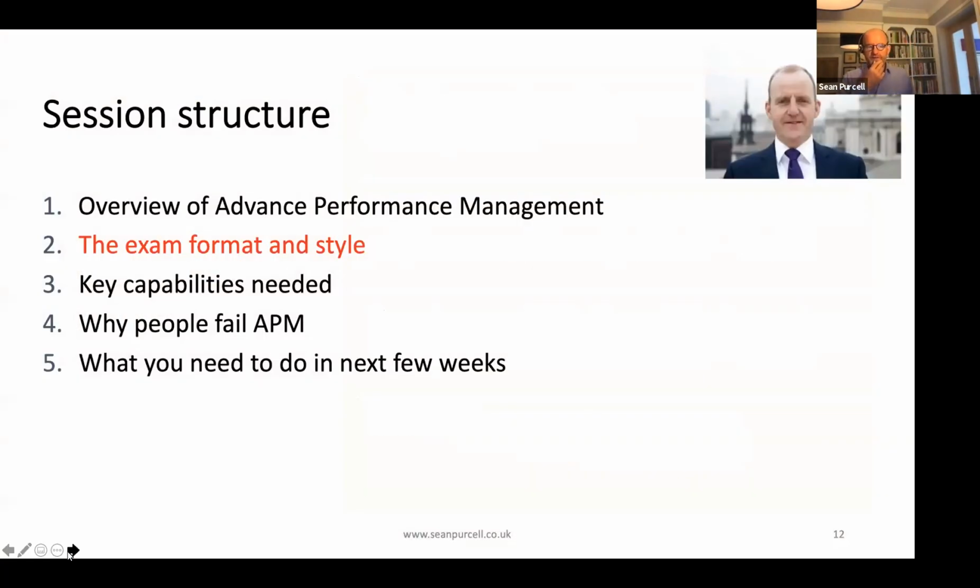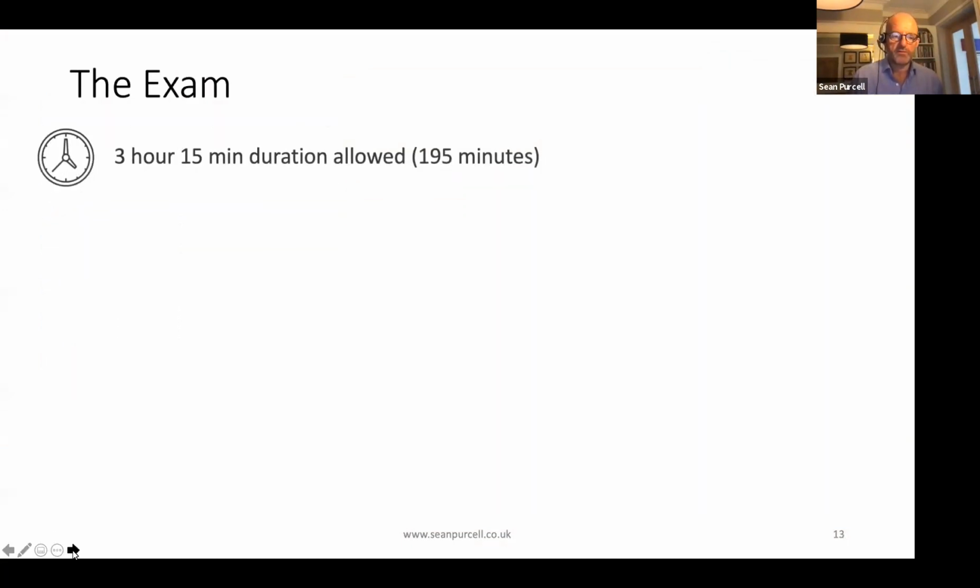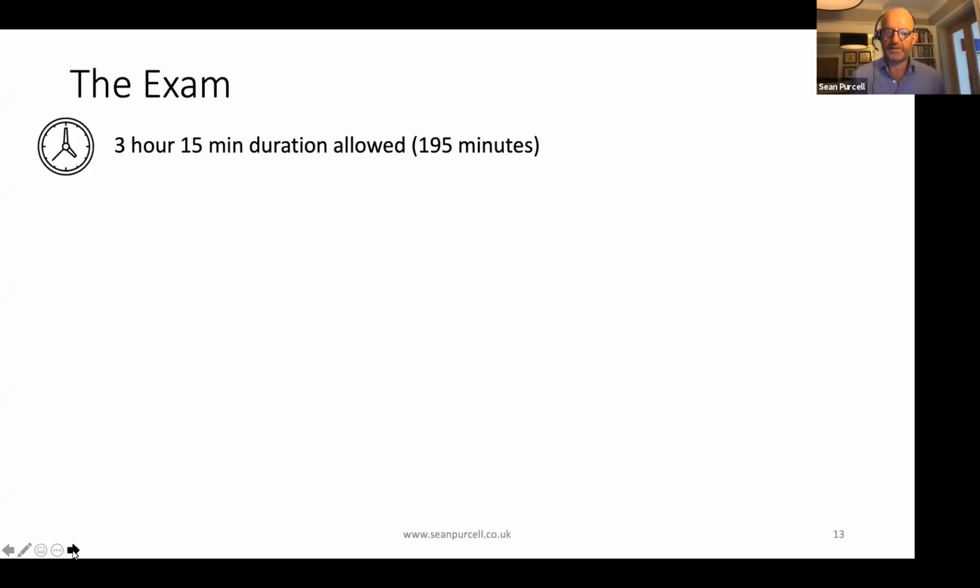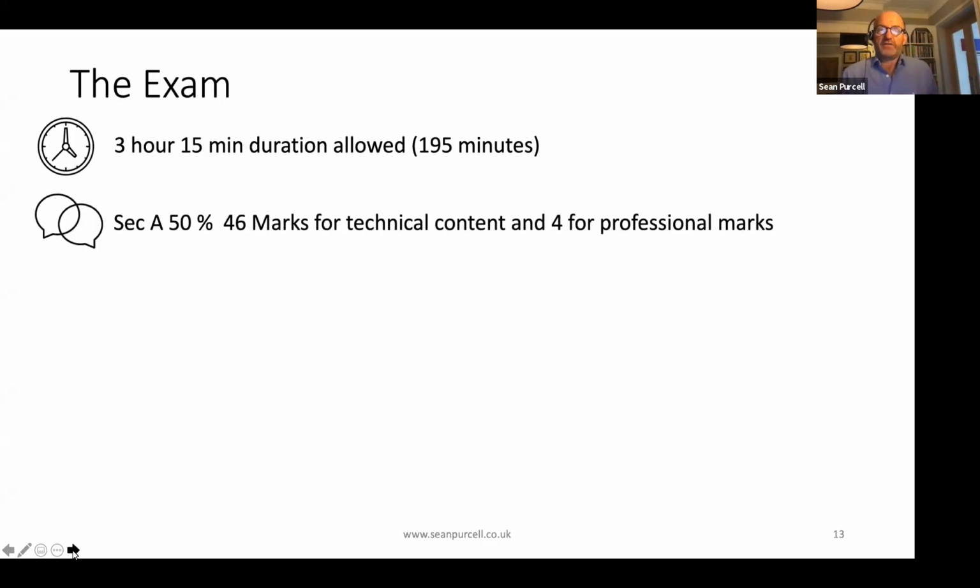Let's have a quick overview of the exam format then, and the style. So if we're looking at the exam format and style, you will appreciate that you have 3 hours and 15 minutes, so that's 195 minutes. That's important because that facilitates some time management for us. Section A has 50%. 4 of those marks will be professional marks. The professional marks at APM, if you've done SPL, obviously there's 20 professional skills marks on SPL, less obviously on APM, but still important.